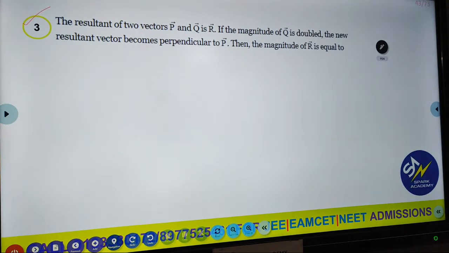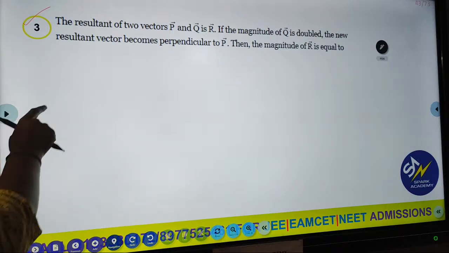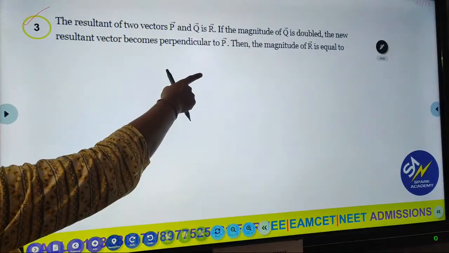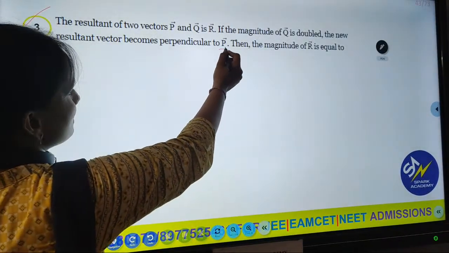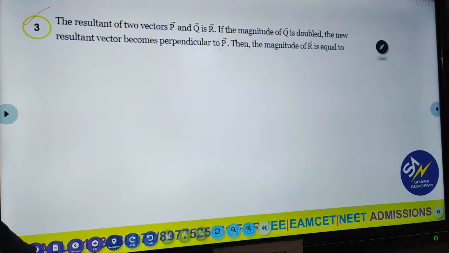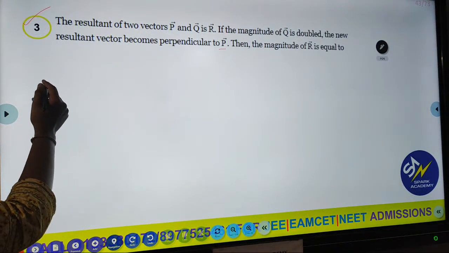And let us see the next question. The resultant of two vectors P bar and Q bar is R bar. If the magnitude of Q bar is doubled, the new resultant vector becomes perpendicular to the vector P bar. Then what is the magnitude of R? We have to find.